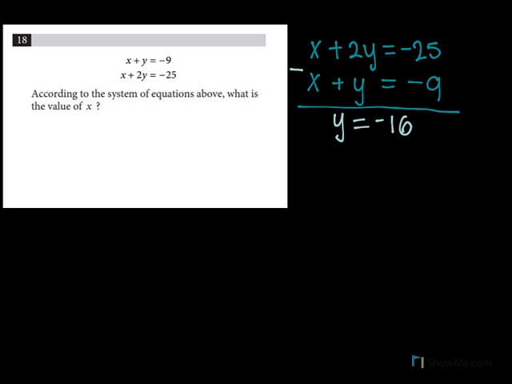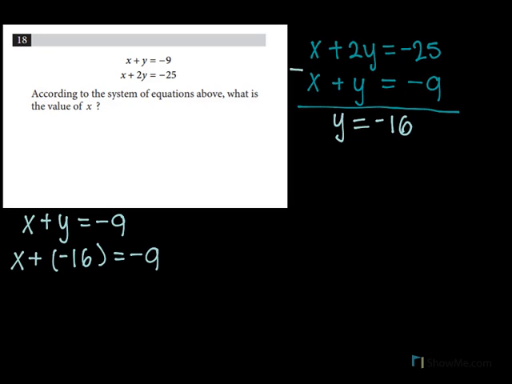Now the next step is to substitute our y value into the equation. So we will rewrite the first equation first. x plus y equals negative 9, and we know that y is negative 16, so let's just plug that in. x plus negative 16 equals negative 9.